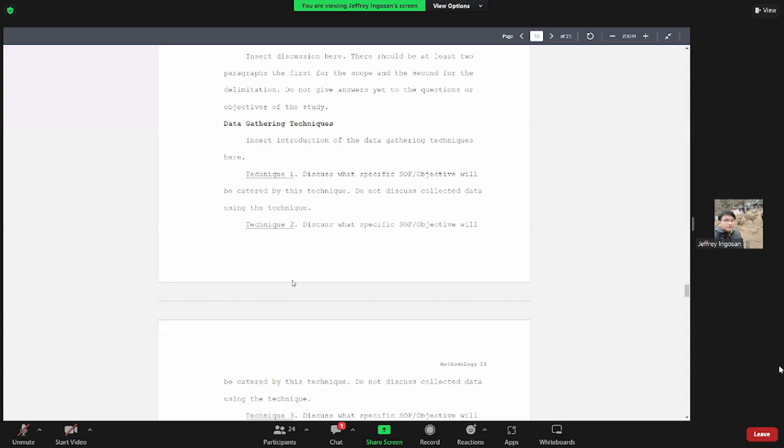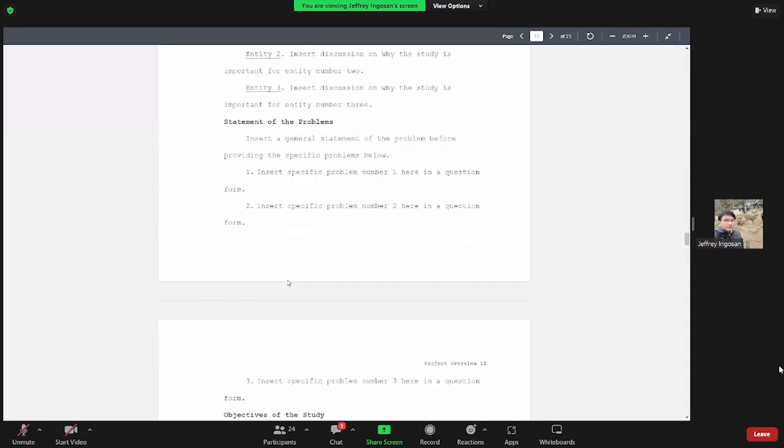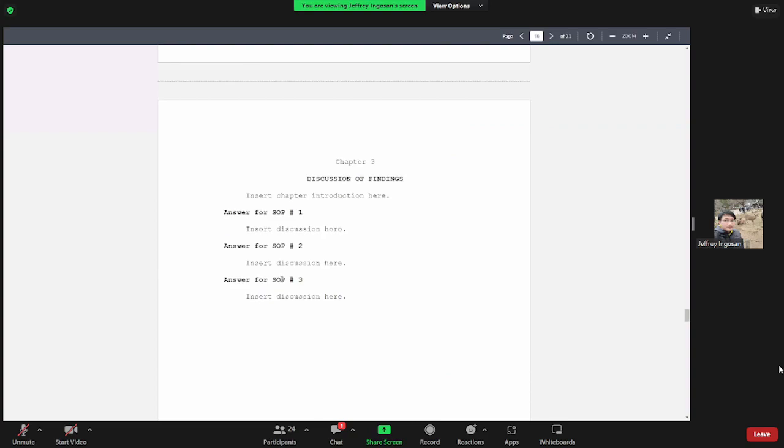So what we just expect you to do for Chapter 1 and Chapter 2 is to polish whatever you generated during your Capstone Project 1. So meaning for Capstone Project 2, it's really Chapter 3 where you would be starting from whatever data you would be able to collect. So insert here the chapter introduction.